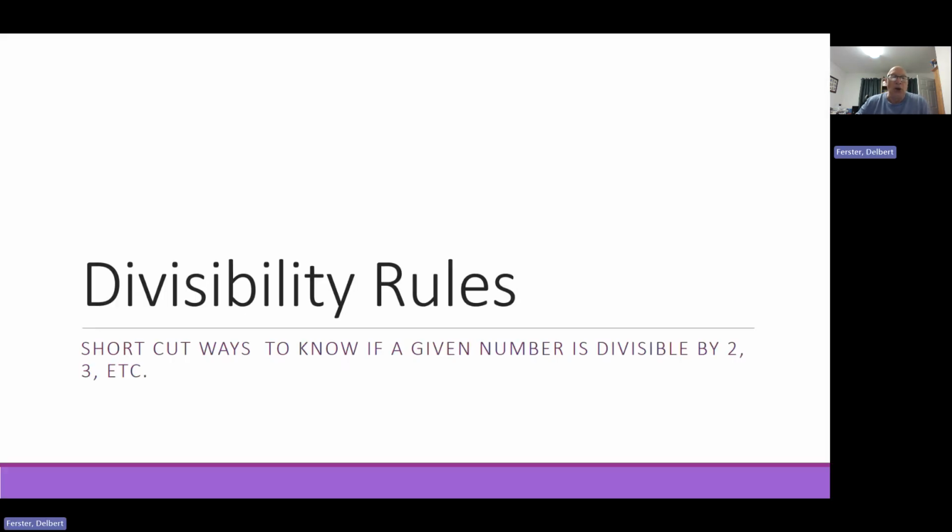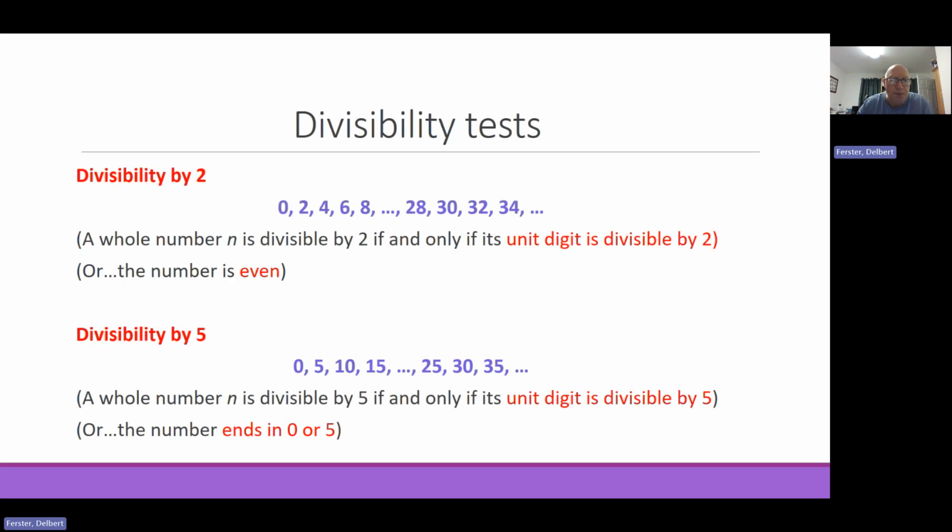Okay. Shortcut ways to know if a given number is divisible by 2 or by 3 or by 4 or by 5. Obviously, some of these you are aware of. You know how to determine easily if a number is divisible by 5 or by 10 or by 2. So I listed them, but quite frankly, you probably already have those pieces of knowledge. So it's divisible by 2 if it ends in an even digit.